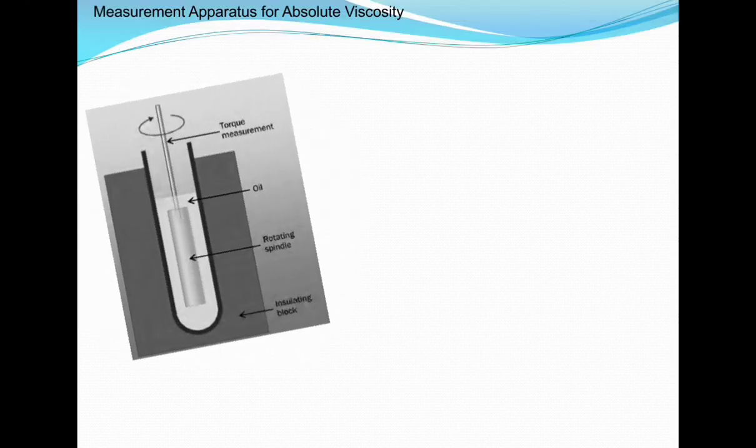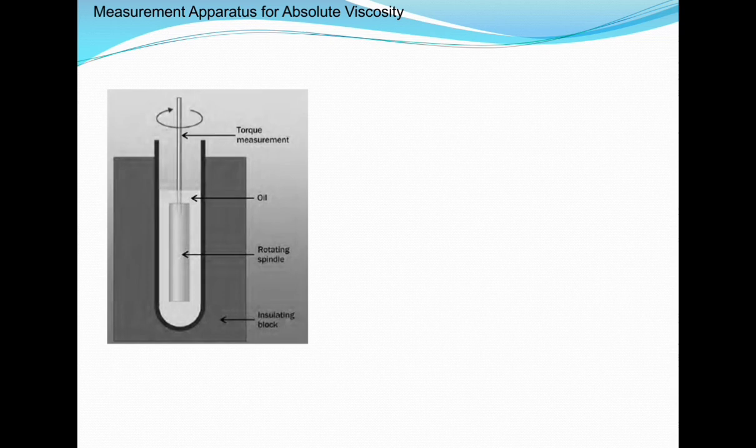So you see, this apparatus is used to measure the absolute viscosity, and this apparatus is the rotary type viscometer. Here we measure the absolute viscosity, which is much more preferred. Here, the torque applied by the spindle to rotate the oil is the determining factor.